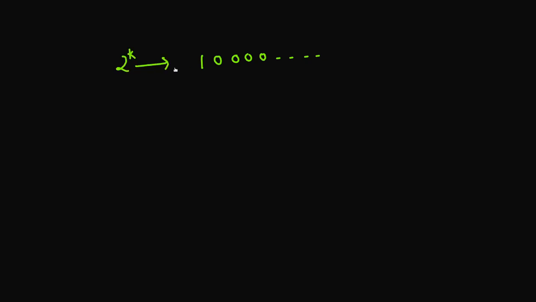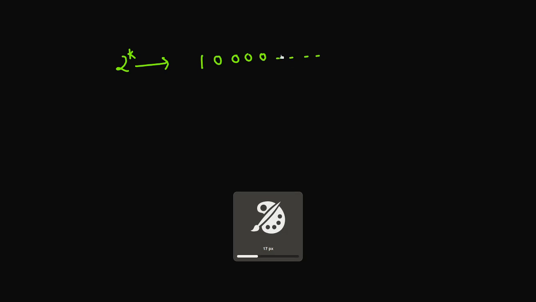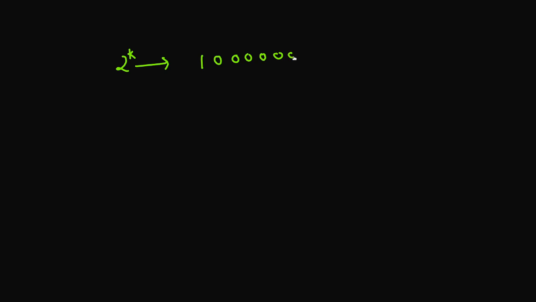Now what happens if I subtract 1? Suppose this is the number, and I fill these locations with 0 as well. If I subtract 1 from 2 to the power k, what happens when you subtract 1 from 4?